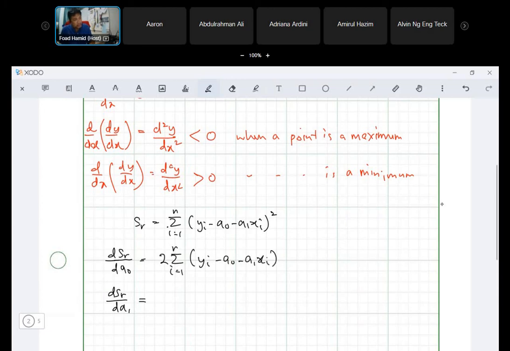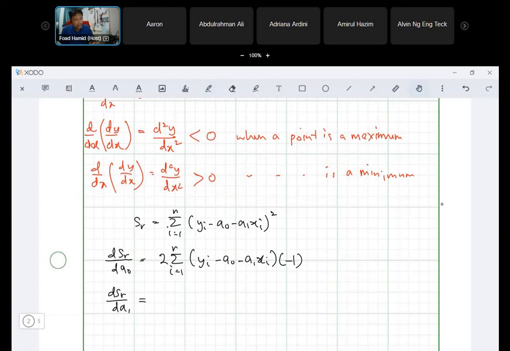The power reduces from 2 to 1. And because of the chain rule, we also need to differentiate whatever is inside the bracket. Differentiating a0 with respect to a0 is just 1, and of course there's a minus sign here, so minus 1.